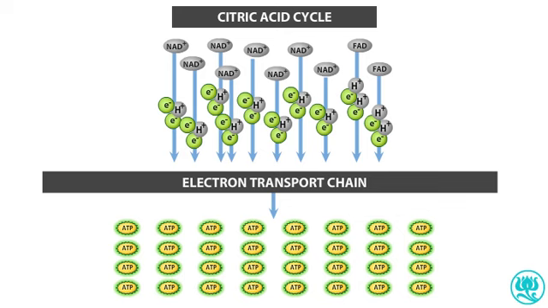Note that the electron transport chain absolutely requires oxygen to operate. Because the citric acid cycle relies on a functioning electron transport chain to accept electrons from NADH and FADH2, the citric acid cycle will shut down, along with the electron transport chain, if oxygen disappears.